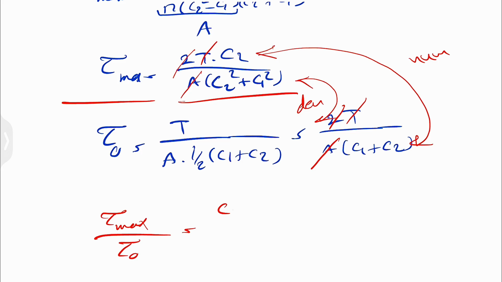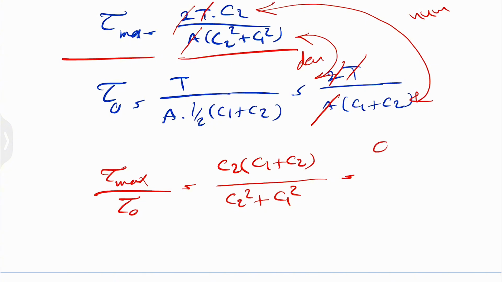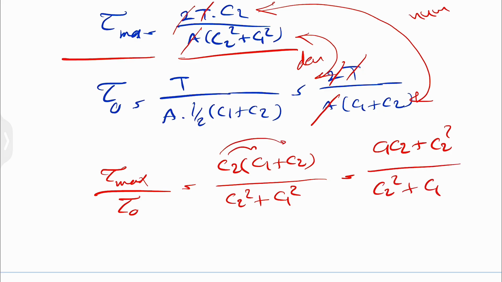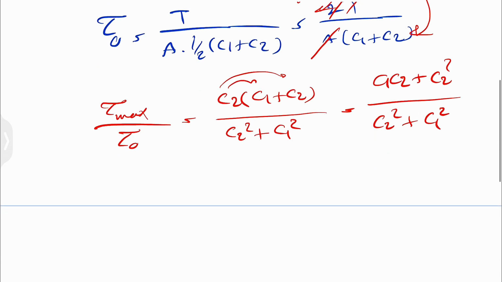So we're going to have C2 times C1 plus C2, and here we're going to have C2 squared plus C1 squared. Let's see what we can do here. We have C1 C2 plus C2 squared, multiplying this in, and C2 squared plus C1 squared.